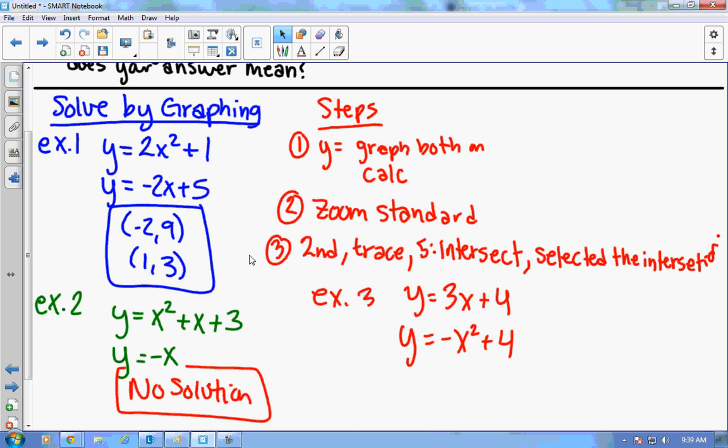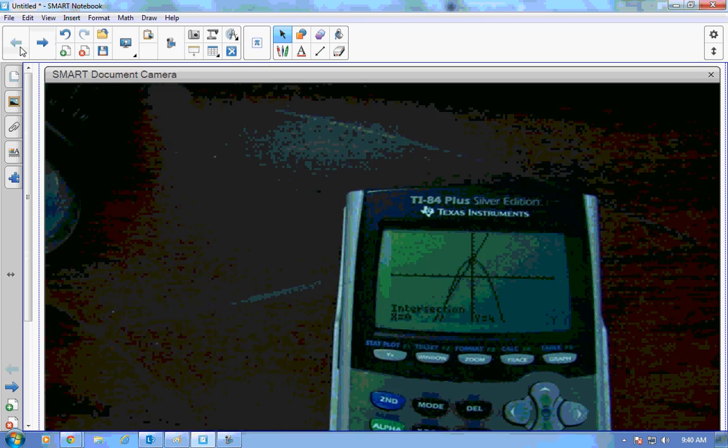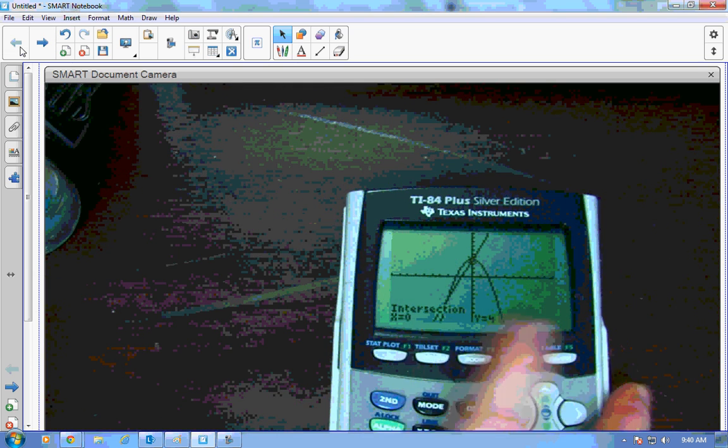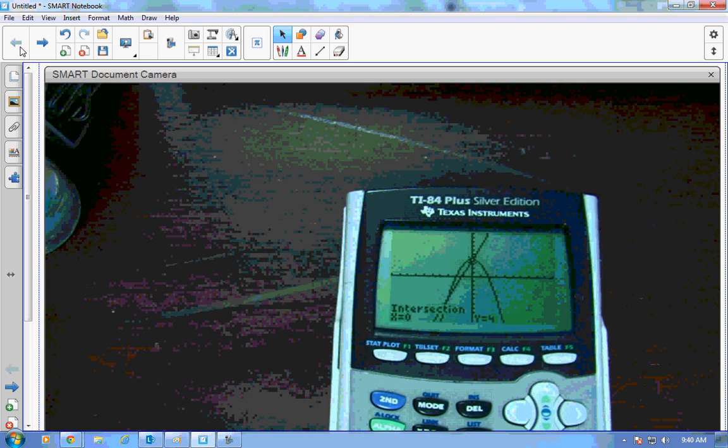What did you get for the first intersection on the bottom left? Does anyone second negative 3, negative 5? On the bottom left? Yeah? I haven't done the other one yet. What about on the top right? Yep, it's kind of dark, but we got 0, 4.